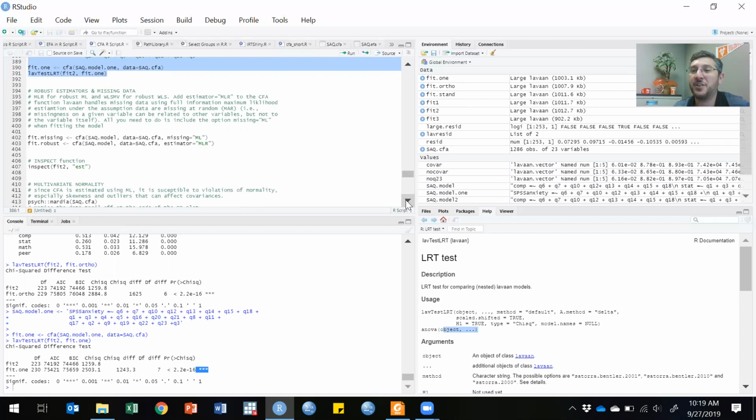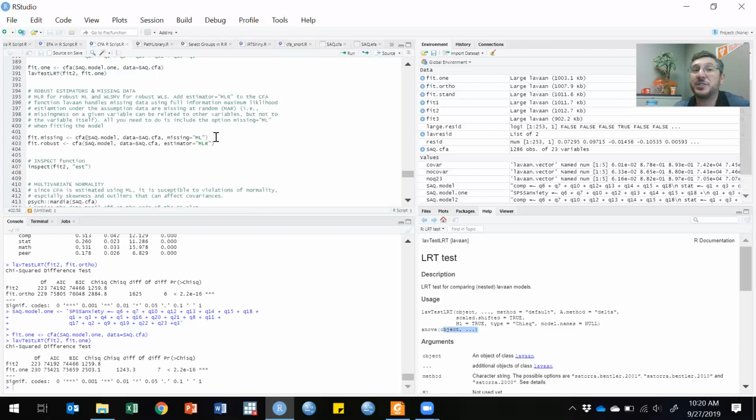So if our data really aren't normally distributed, we might want to use the robust maximum likelihood estimator. And it's really easy to do. Just add estimator equals MLR, the robust maximum likelihood, to your CFA command.